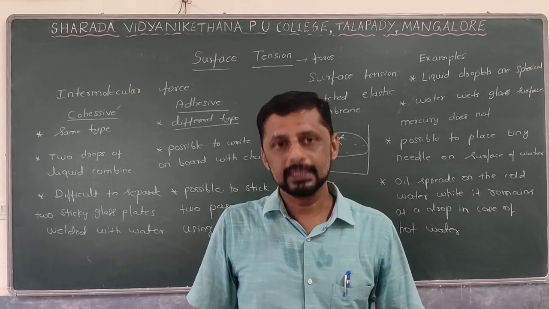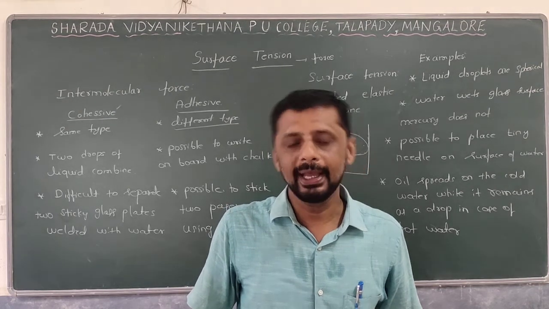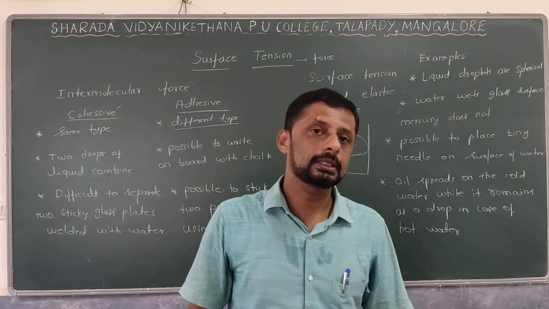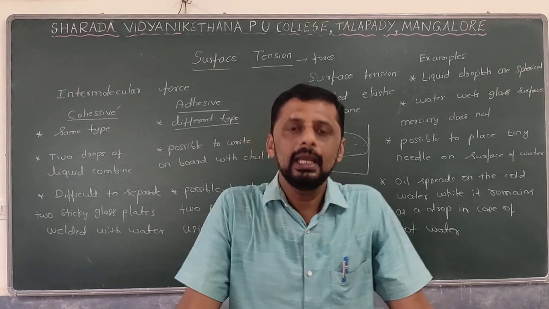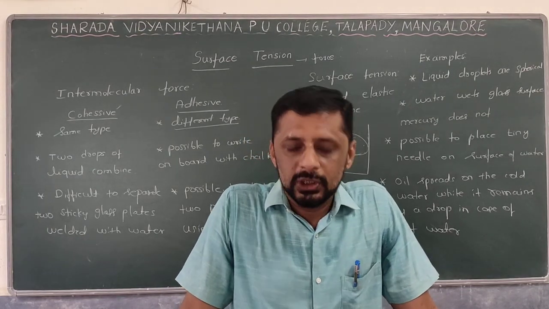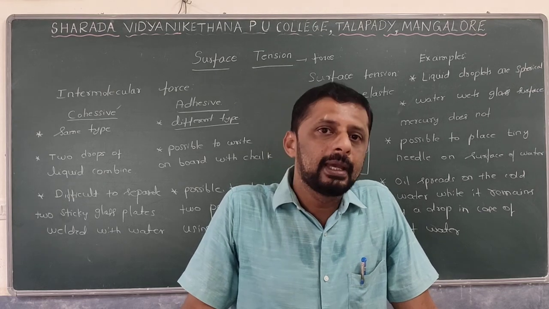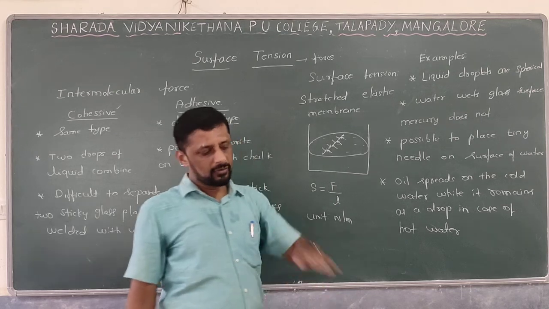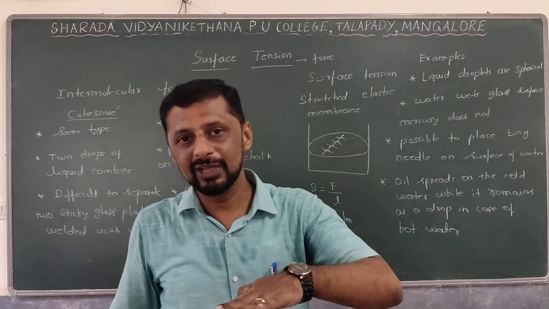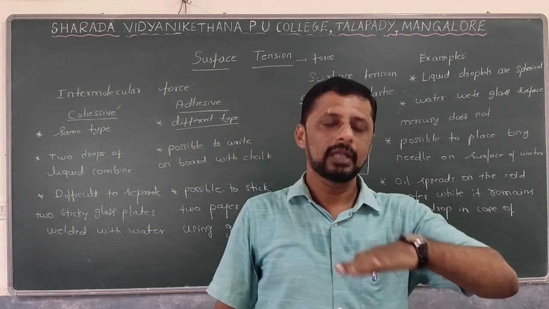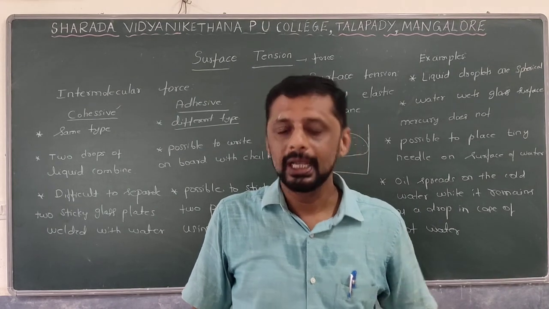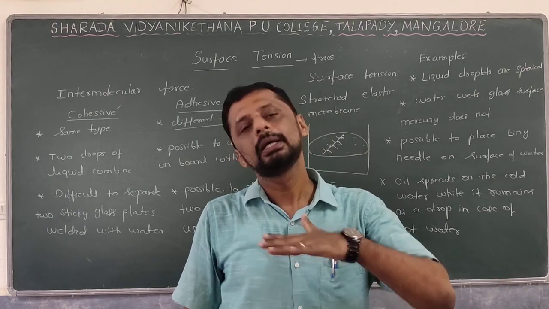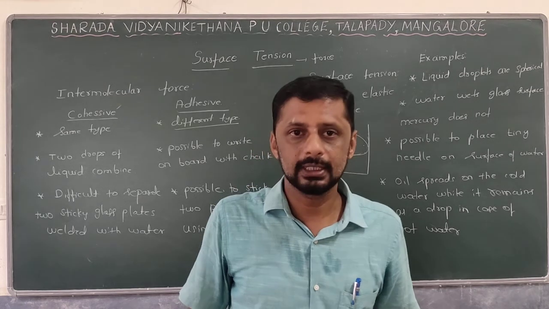If you place your hand on the free surface of the liquid, you will experience a force, its surface behaves like a membrane, so that property is nothing but surface tension.